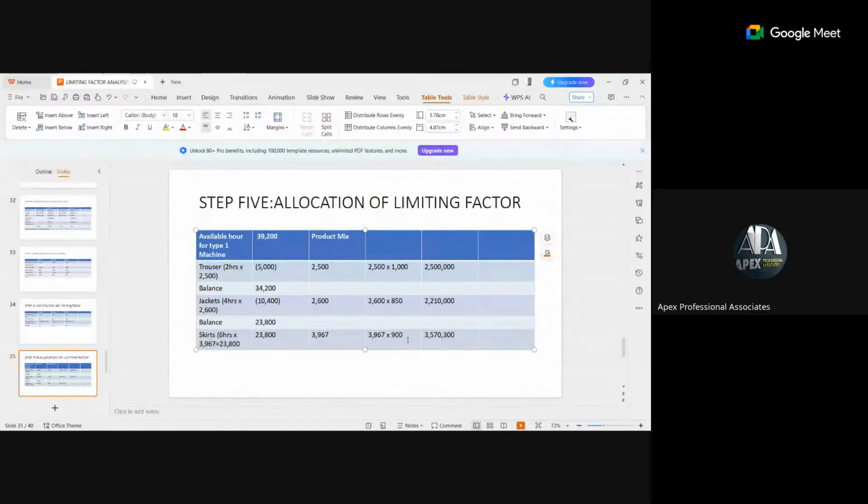Now, for you to get profit, contribution minus fixed cost will give you profit. So you add these total contributions for trouser, jacket and skirts, and you have your total contribution. When you go to the question, you have fixed cost, right? Fixed cost is appearing in two sides, if I'm not mistaken. Let me go back to the question and see.